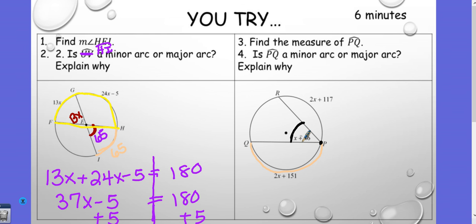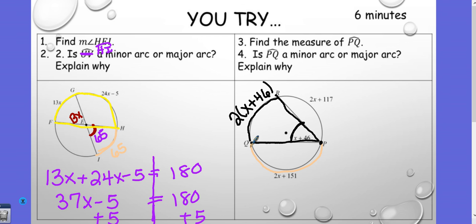So if this is an inscribed angle, I can get what this arc is out here. I'm going to draw the angle and put the arc that matches it. So this piece out here is 2 times whatever the angle is.